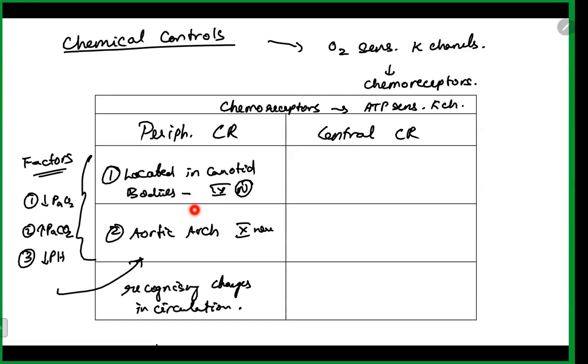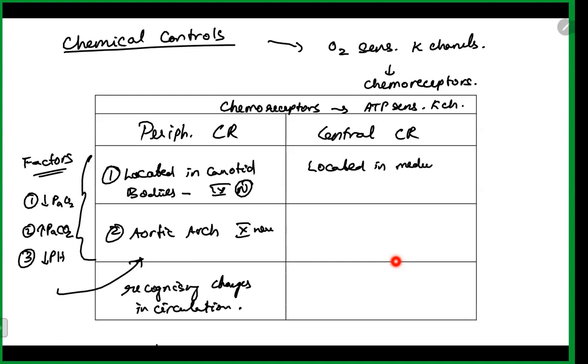Whenever your blood is passing through your carotid artery and aortic arch, there are certain chemoreceptors there, for example your carotid bodies and your aortic arch bodies, via the 9th nerve and 10th nerve, and they are going to recognize it. Okay, that is a peripheral body. So what happens in the central chemoreceptors? Central chemoreceptors are located in the medulla.